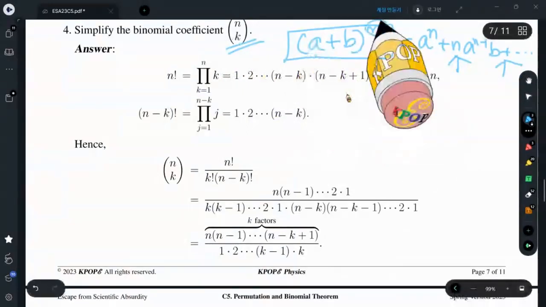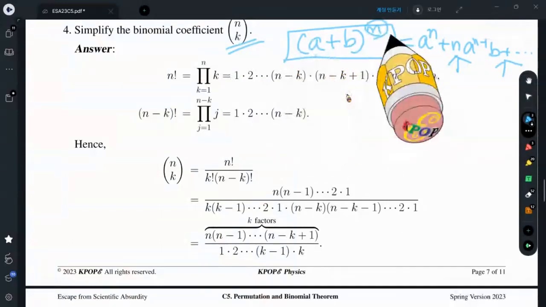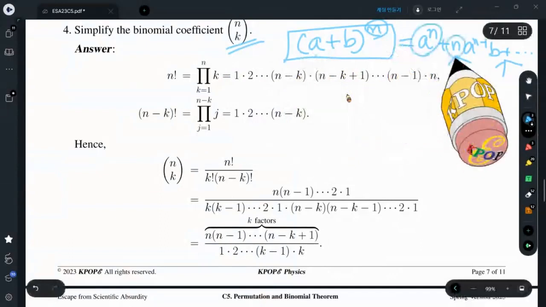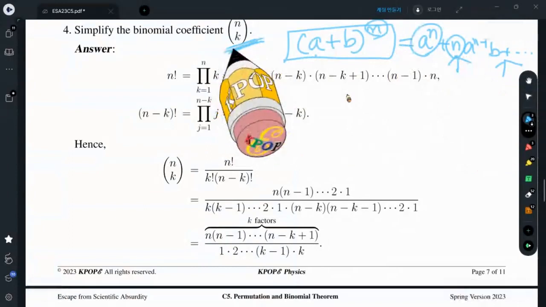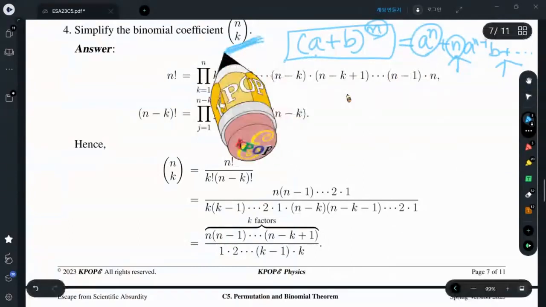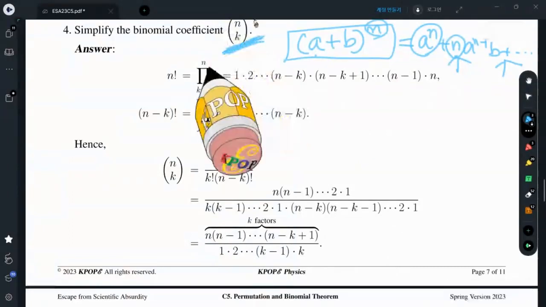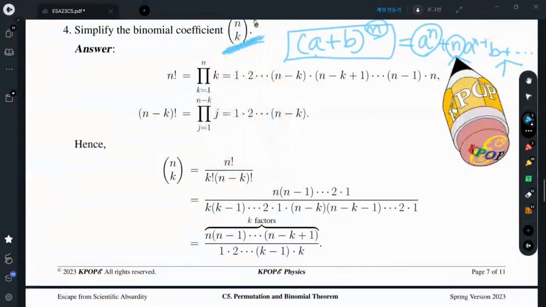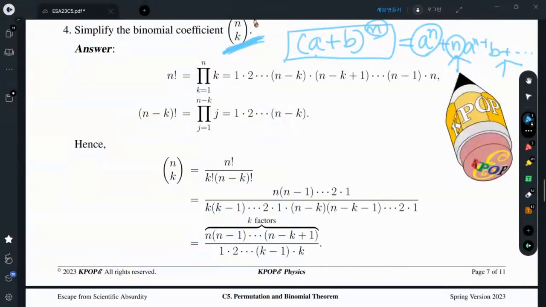After you expand the nth power, any term to be added has a coefficient that is called the binomial coefficient. I believe everybody knows that. Not everybody knows this symbol, but as far as the binomial coefficient is concerned, at least you know Pascal's triangle, for example. So I believe everybody knows the binomial coefficient.